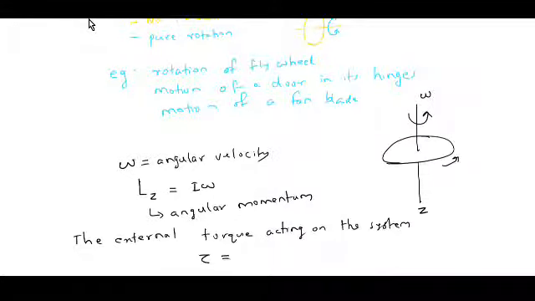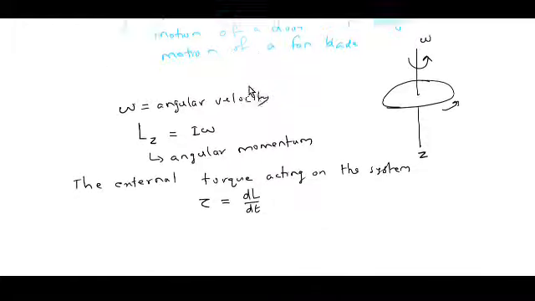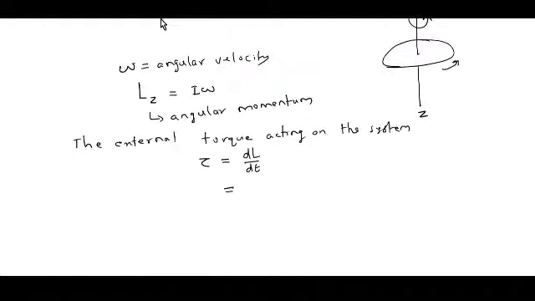Tau is equal to, you know that the expression for the torque we already derived in the last unit, that is dL by dt. Rate of change of angular momentum is the torque. Now here you can replace this L by I omega. Therefore, d by dt of I omega.